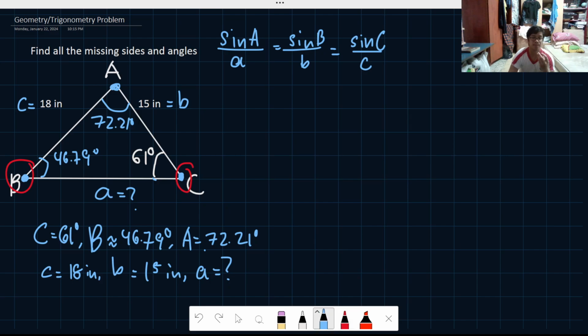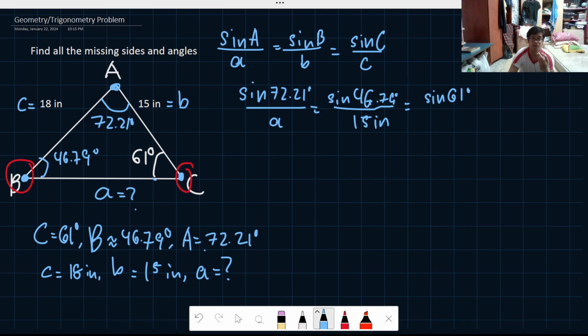Let's put all the given here: what is capital A, what is capital B. Capital A is 72.21 degrees all over small a, is equal to sine capital B, that's 46.79 degrees all over small b, which is 15 inches, is equal to sine capital C, which is 61 degrees, all over 18 inches.